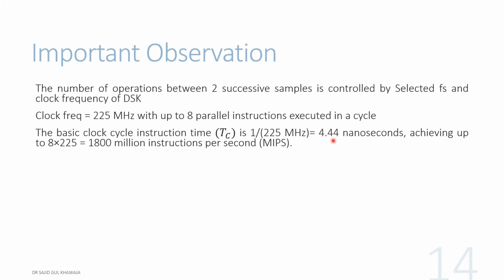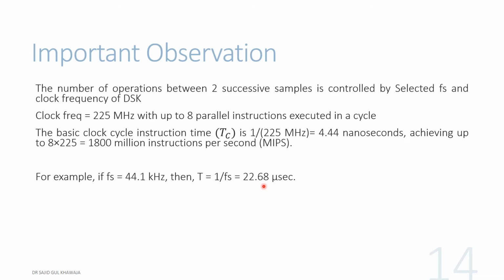Now this time is of importance for us because let's consider an Fs of 44.1 kilohertz. If we consider an Fs of 44.1 kilohertz, it leads us to a time of 22.68 microseconds between two samples.